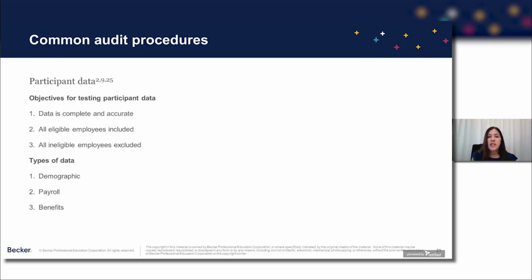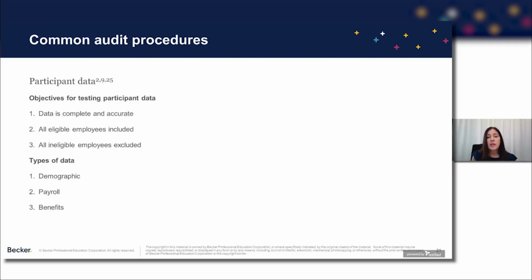So there's various types of information that we're going to be looking at here. It's the demographic information that helps us determine whether or not that participant is eligible or ineligible based on their birth date and hire date information. We're going to be testing payroll information related to participant data.